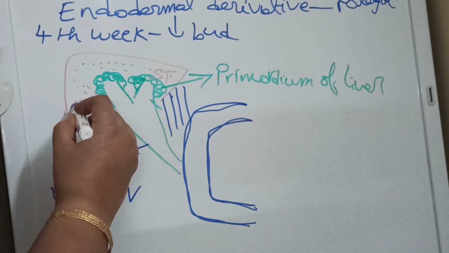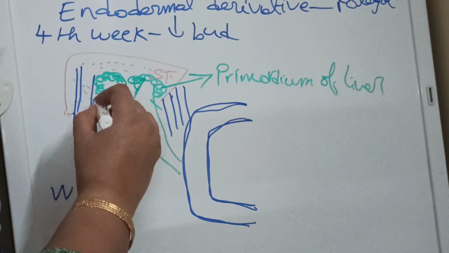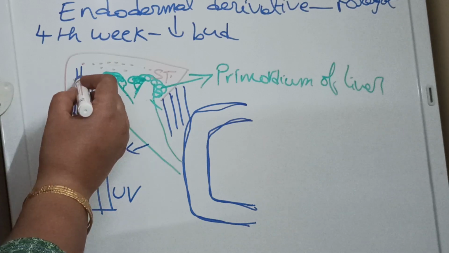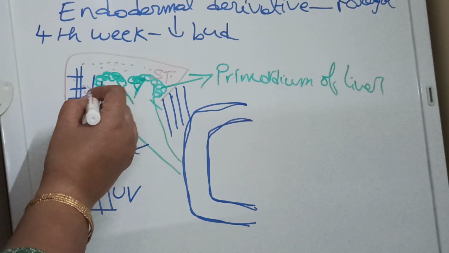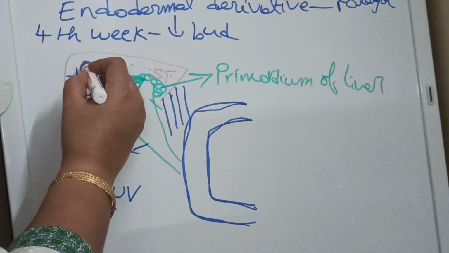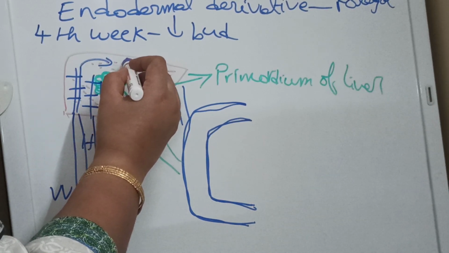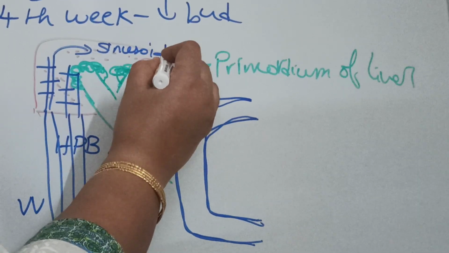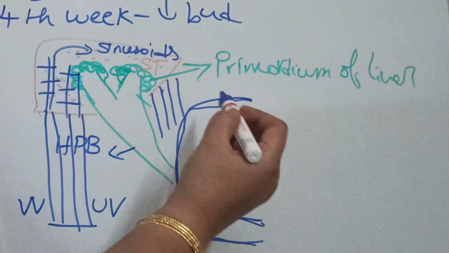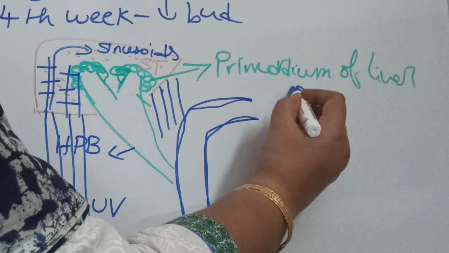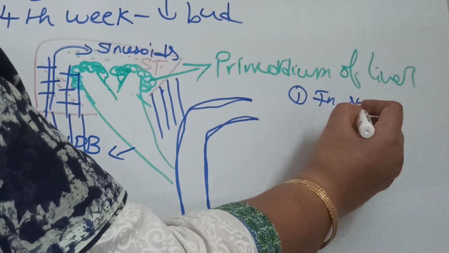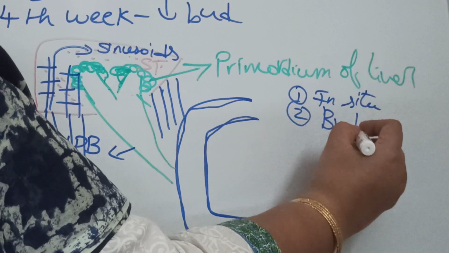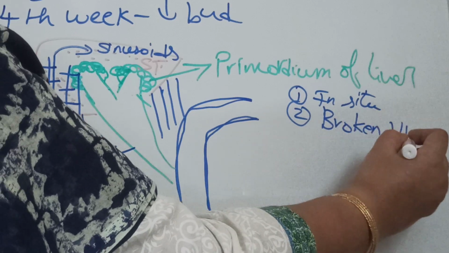So these visceral veins, when they pass through this right and left pairs, they are disturbed, they are broken, so that they form in communication with the sinusoids which are formed in situ also. So the sinusoids derive from two parts. One is in situ development and two is from this broken vitelline veins and the umbilical veins.